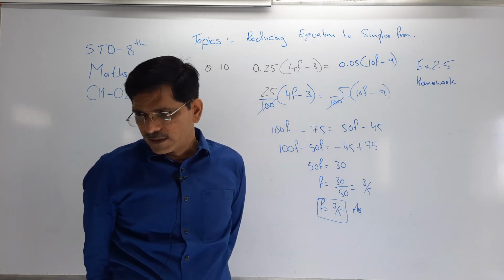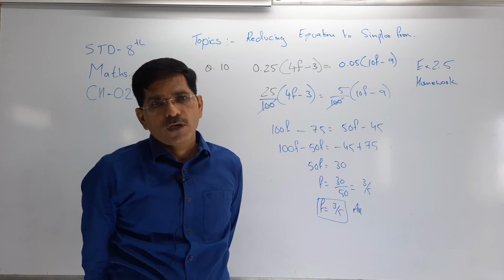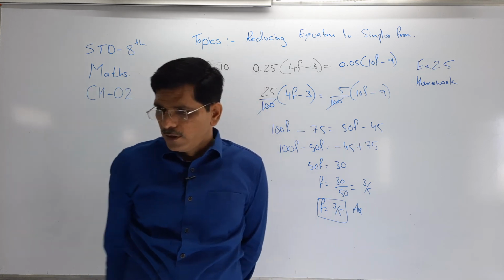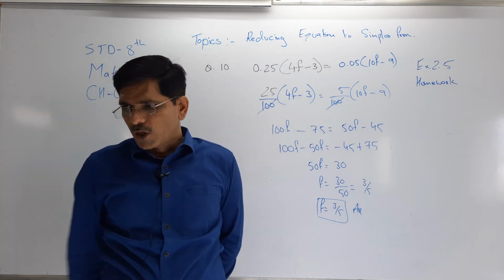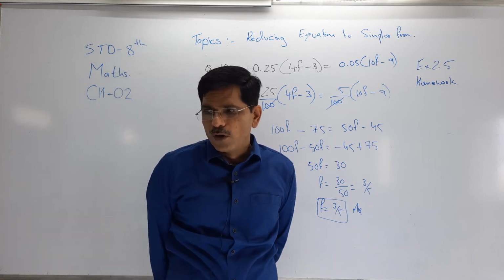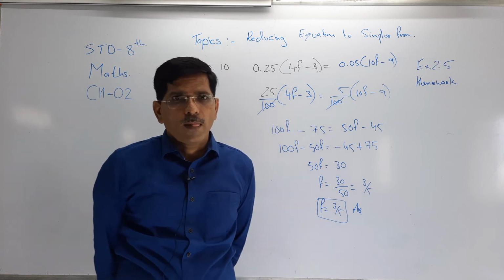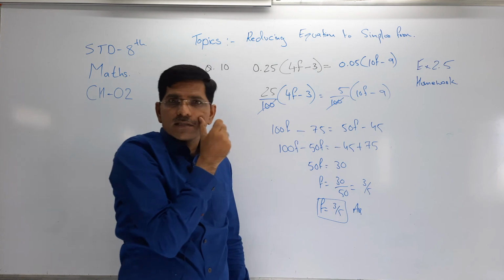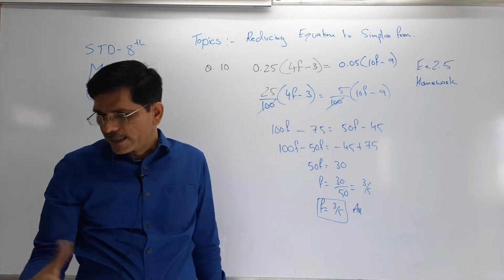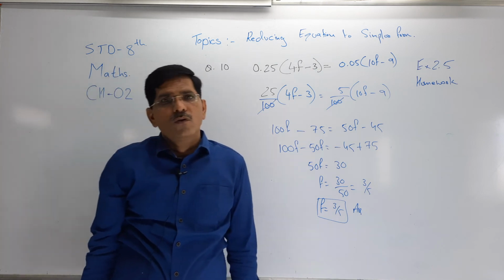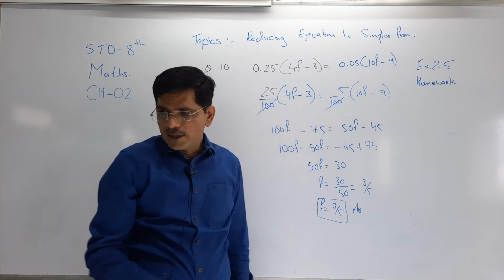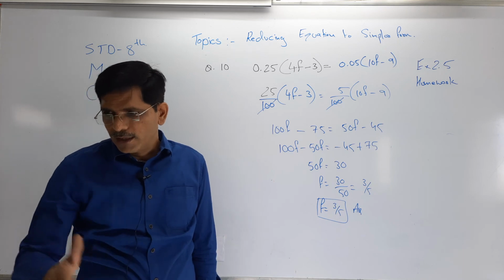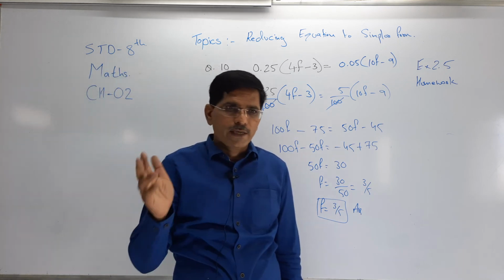In the next lecture, we go for linear equations reducible to a linear form, because in this we convert into a simpler form. We have to make a linear equation again.